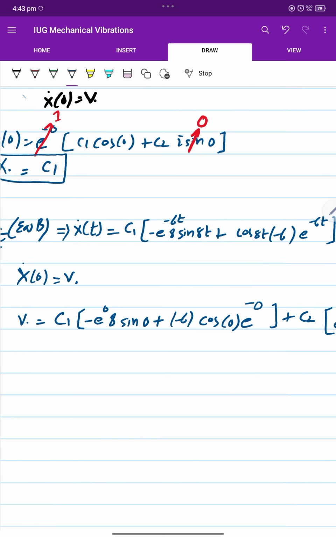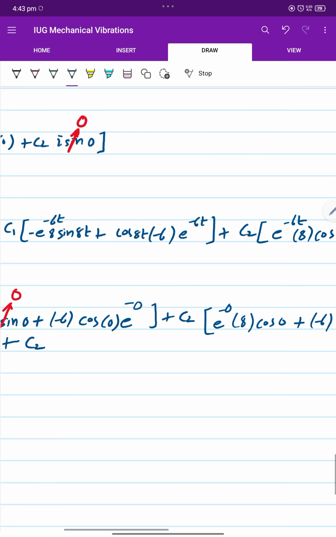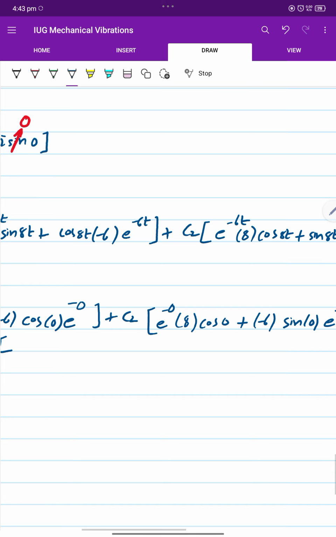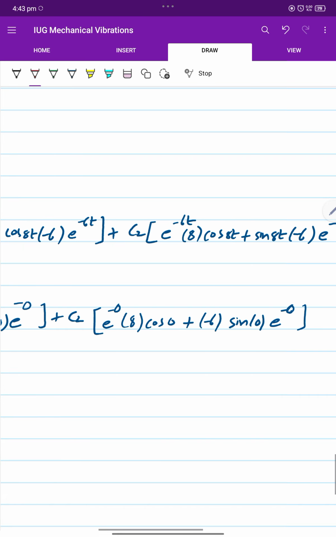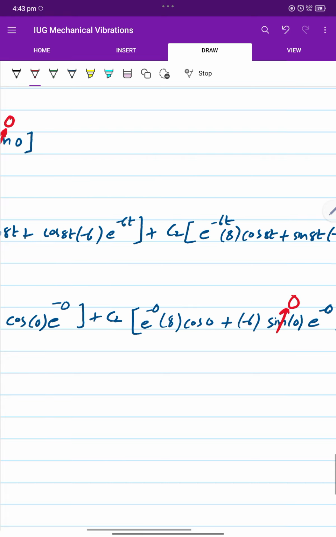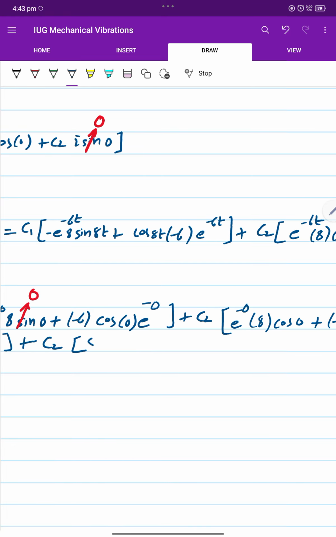So what we have at the end will be v naught equals c1 times... this expression is equal to 0, so we are left with minus 6 here, and plus c2 times e exponent 0 is 1, 8 cos 0 is 1, this becomes 0, so we are left with 8.